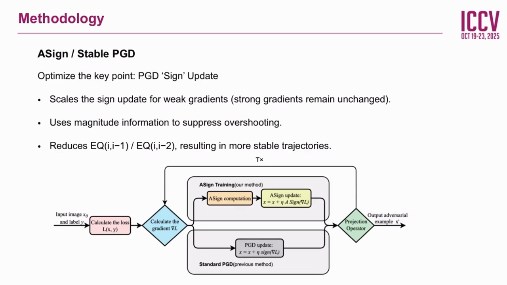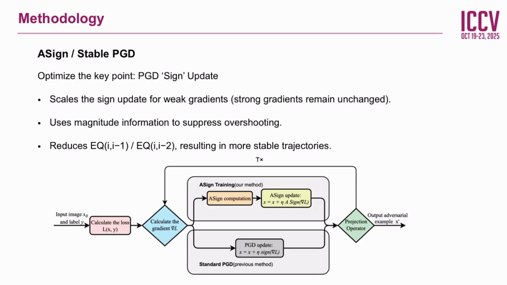And then look at the A-side, or Stable PGD. The main goal of this method is to optimize PGD's signed update, which is a key component of adversarial training. Specifically, our approach scales the signed update for weak gradients while keeping strong gradients unchanged. This helps to ensure the updates made to the models are more controlled and effective.